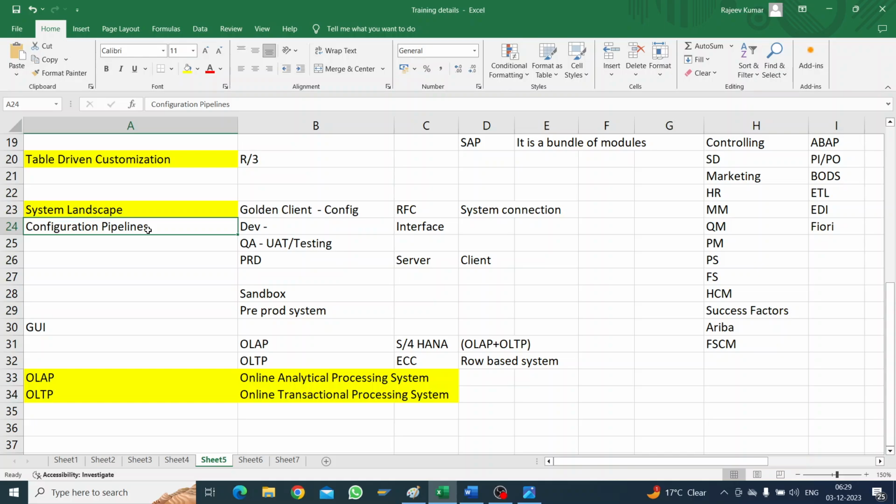In general, you will have a minimum of three systems: development, quality and production. Otherwise, you can also have sandbox and pre-production systems, depending on the client. Not only that, in the system landscape, non-SAP systems are also connected to various other systems including SAP. So a system landscape in the broader sense is a bundle of systems connected with each other, working for a single company.